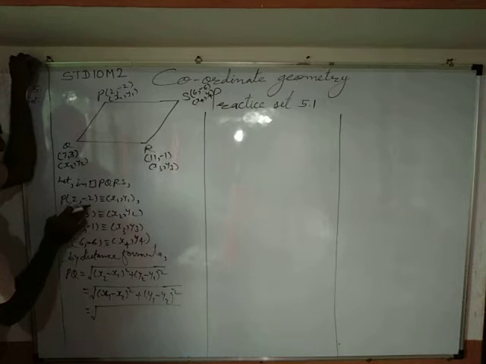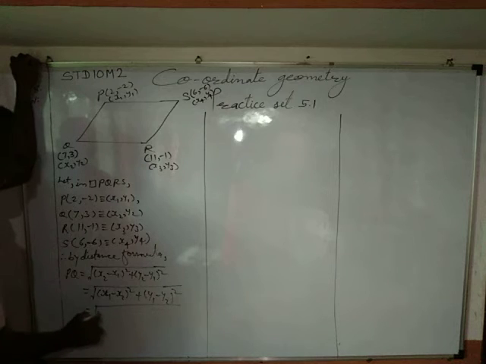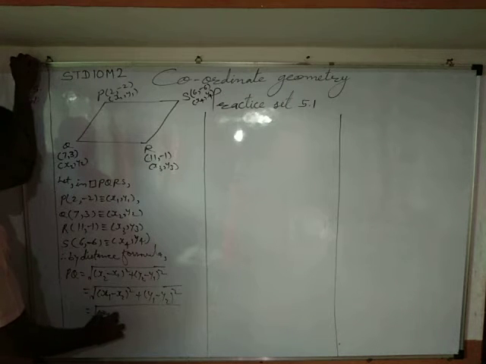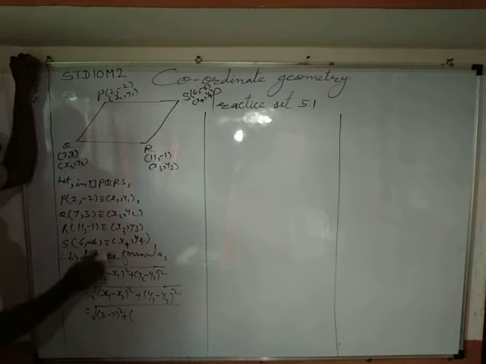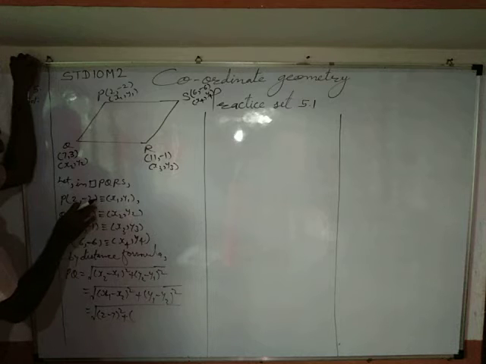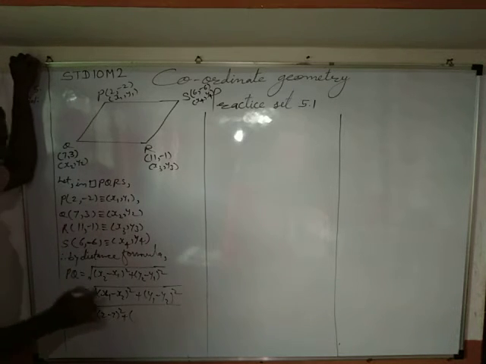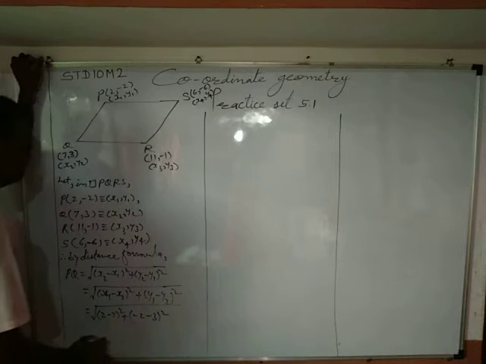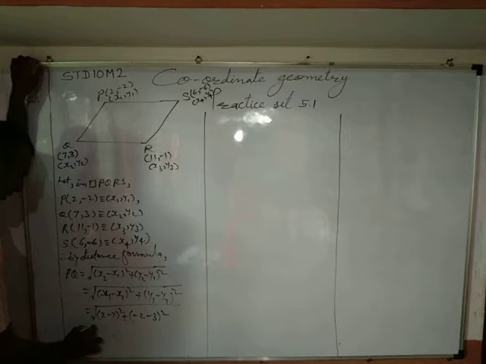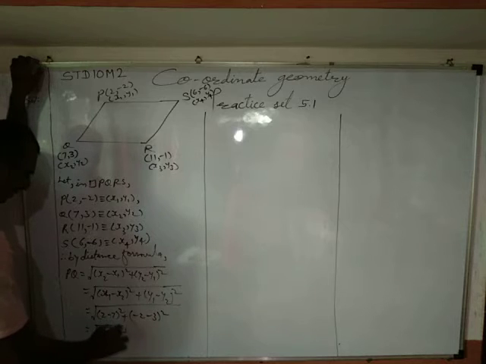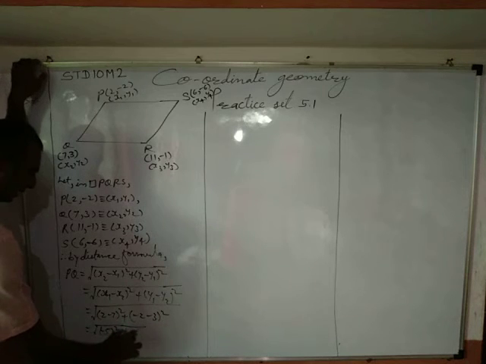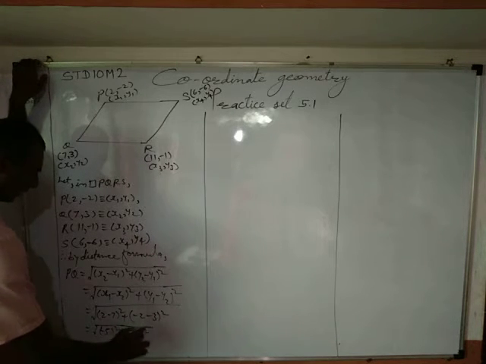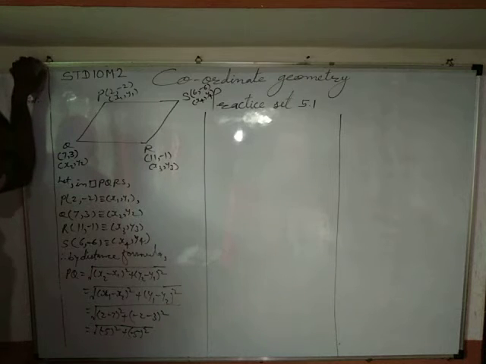Value of x1 is 2 and value of x2 is 7, so it will be (2 minus 7) square plus, y1 is minus 2 and y2 is 3, so (minus 2 minus 3) square, equals (minus 5) square plus (minus 5) square.